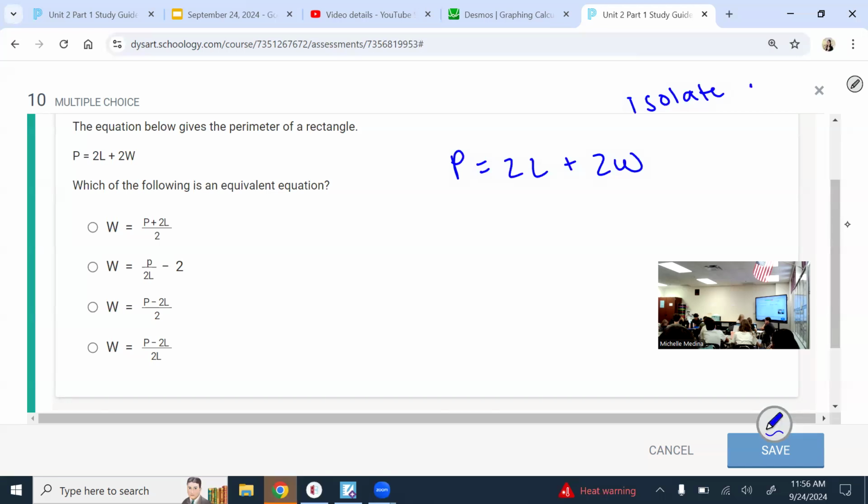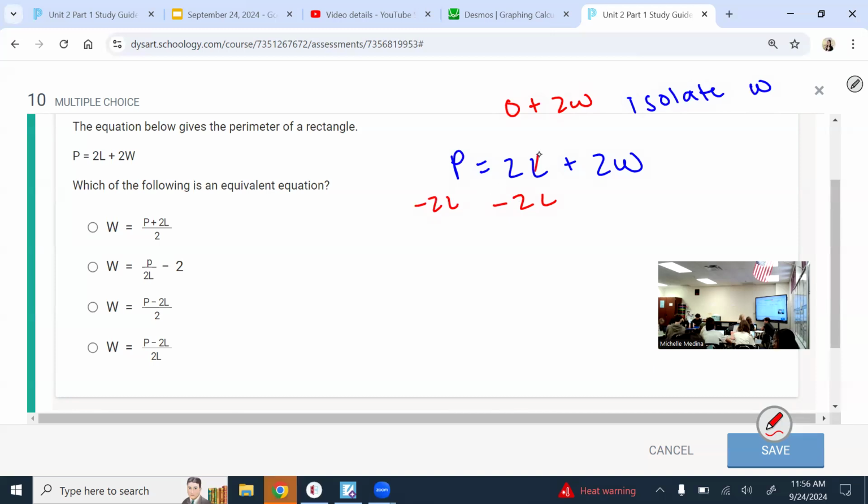If I want to isolate the W, I need to start with what is farthest from it. What's farthest from it? 2L. How do I cancel out the 2L? Subtract 2L, because you basically want it to become 0 plus 2W, so to make that 0, you have to subtract 2L. Whatever you do on one side.